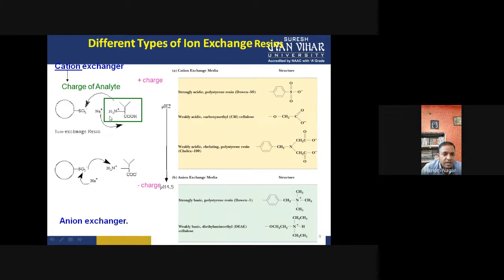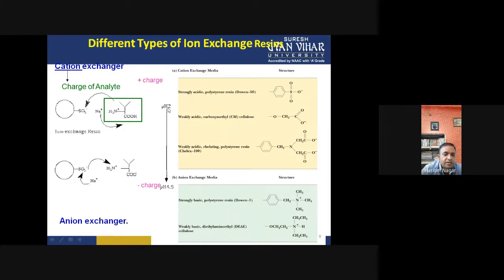So there is exchange of this Na plus and this compound, which is positively charged. This ion is positively charged, so it is displaced by this positively charged compound.